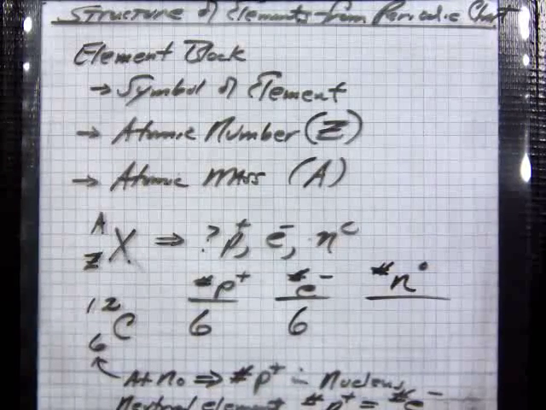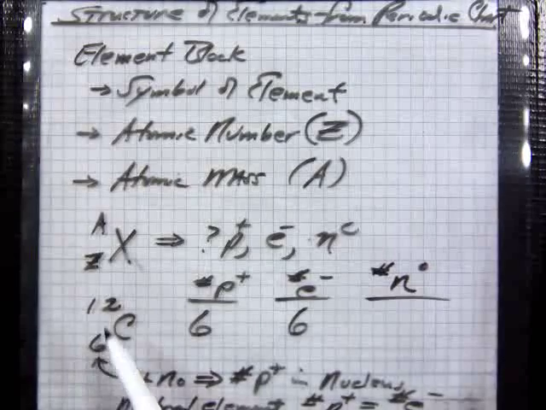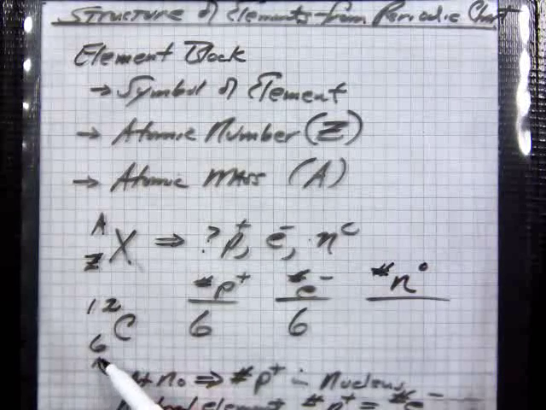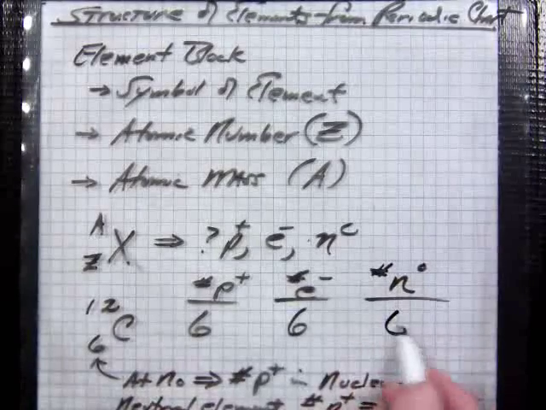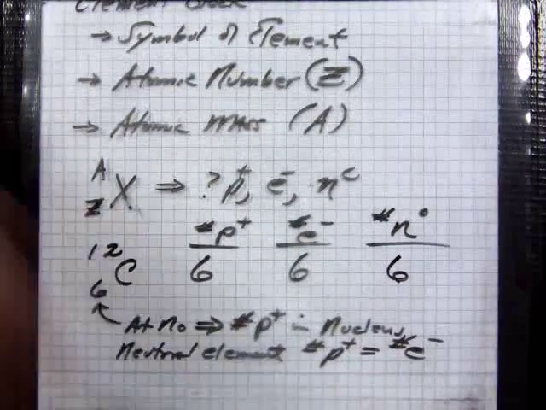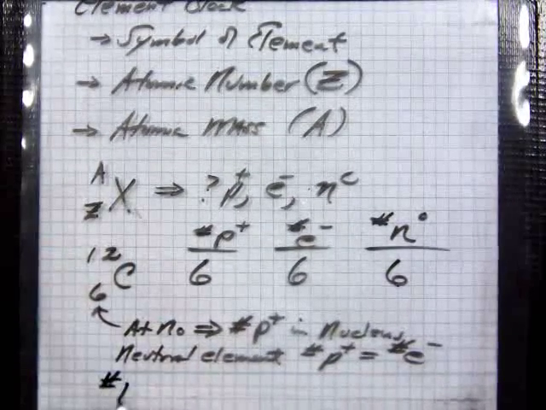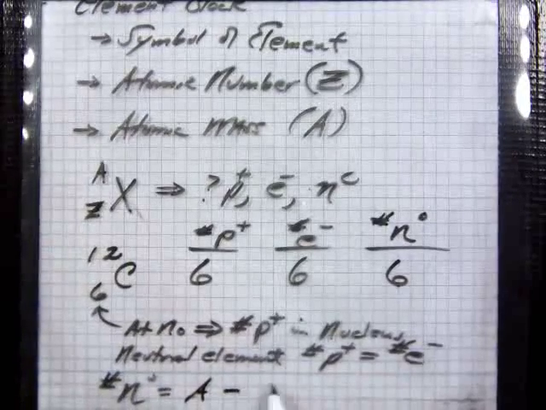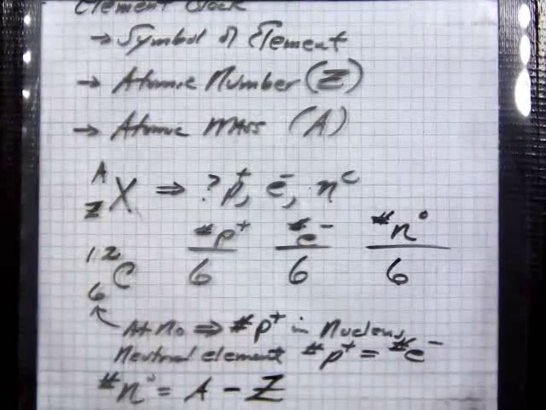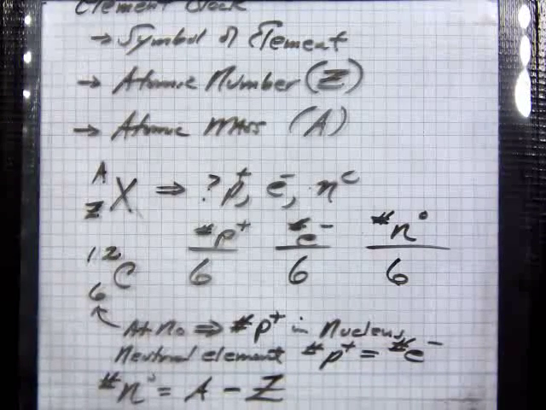Now, for the number of neutrons, it's important to note, here's a big number, little number. Subtract the little number from the big number, and you have the number of neutrons. That is, the number of neutrons is equal to the atomic mass minus the atomic number. And that's the long and the short of that.